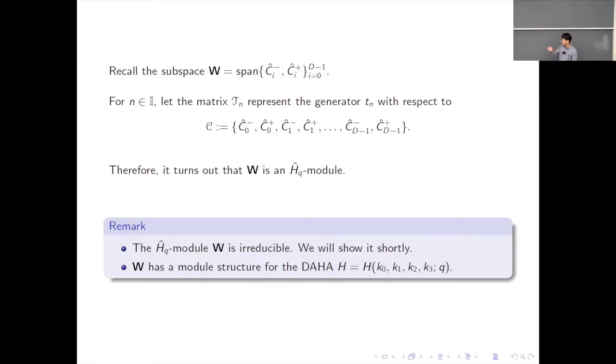We just send each generator Tn to Tn itself. Then Tn plus Tn inverse in HQ hat has an image that should be a scalar, because our HQ hat module is finite dimensional and irreducible. By Schur's lemma, a central element acts as scalar multiplication. So let's say Tn plus Tn inverse acts as some scalar, say uppercase K.